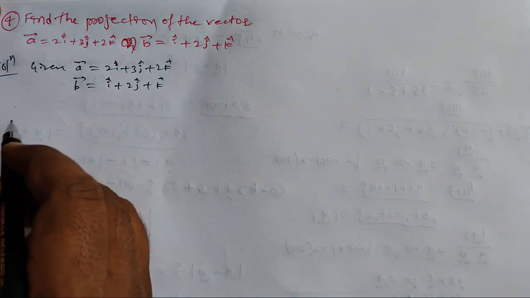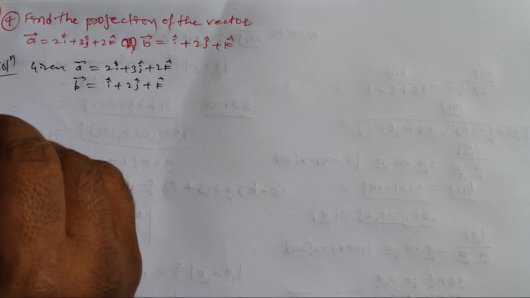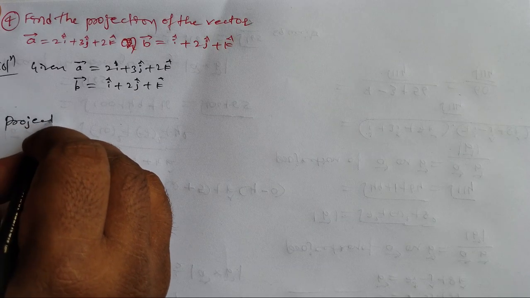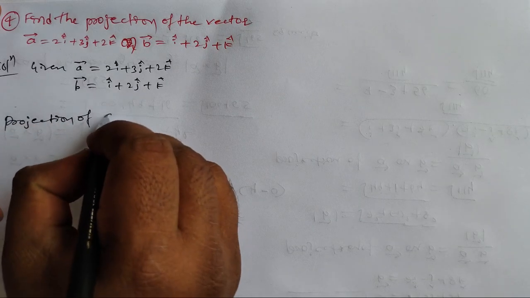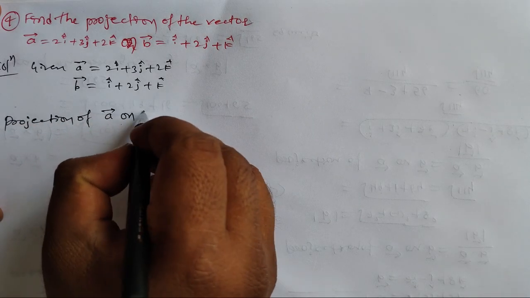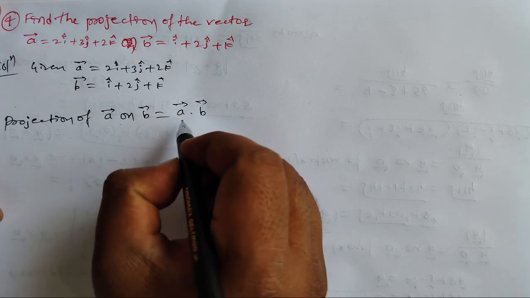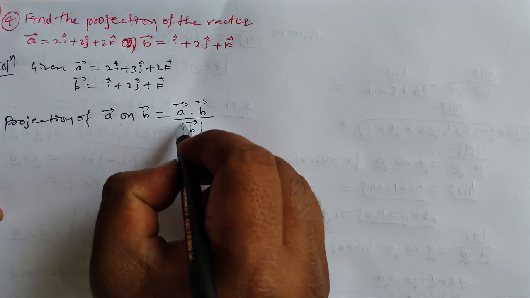Okay, first you write the formula. Projection of A vector on B vector equal to, formula is A vector dot B vector divided by magnitude of B vector, right?